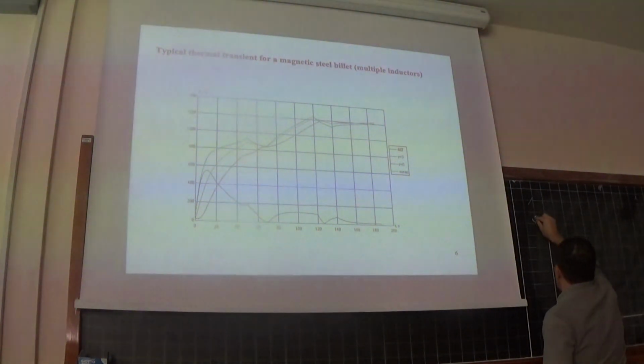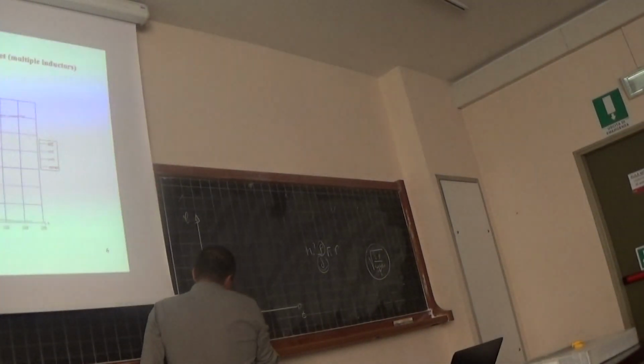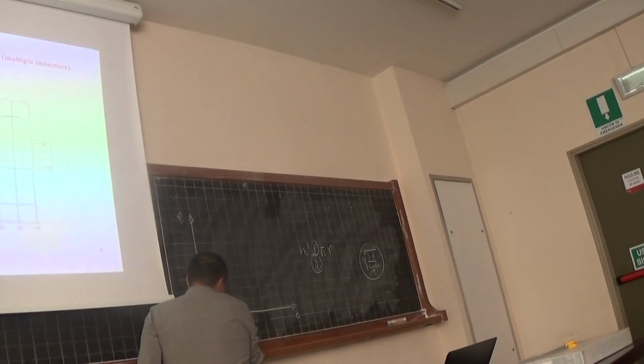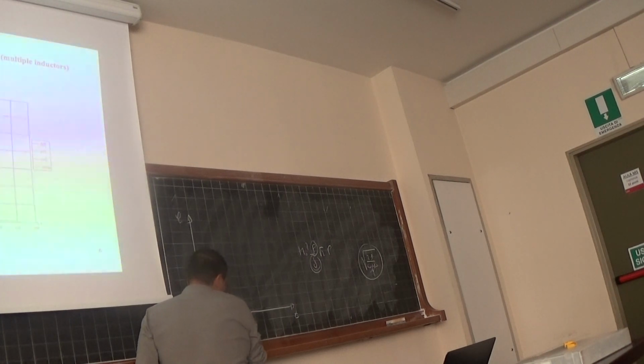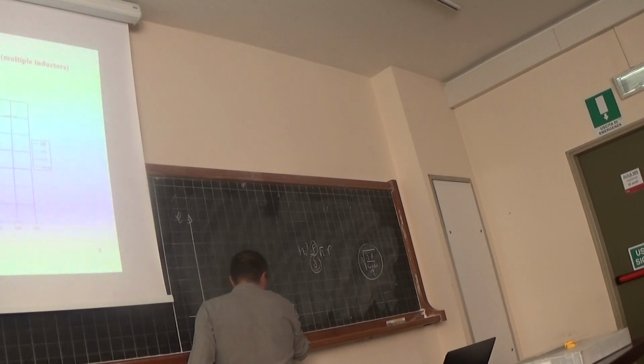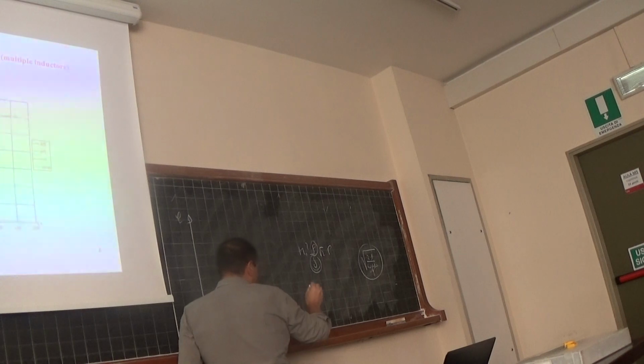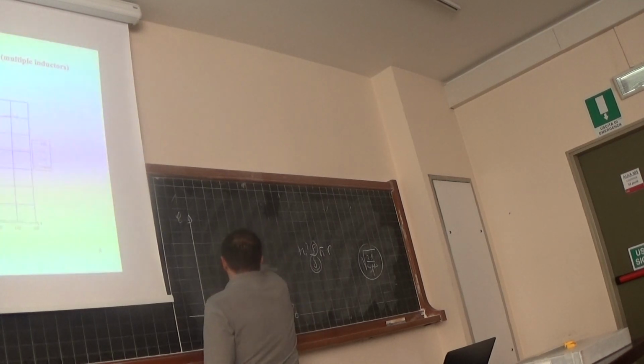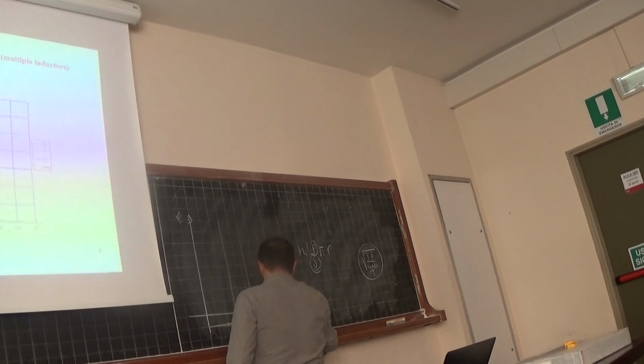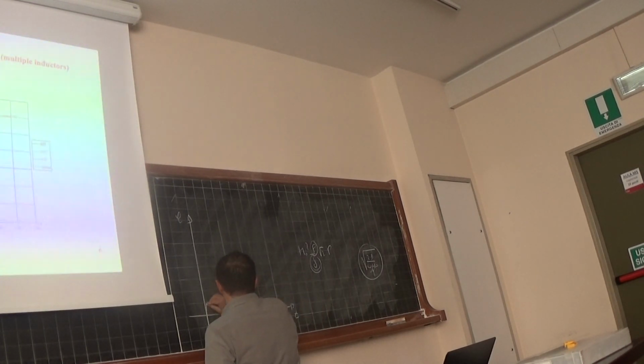this is time, this is temperature. Let me draw here one inductor, the second inductor, and so on. So, during the first inductor, we have a behavior like this one.